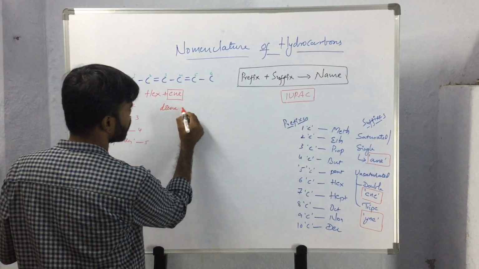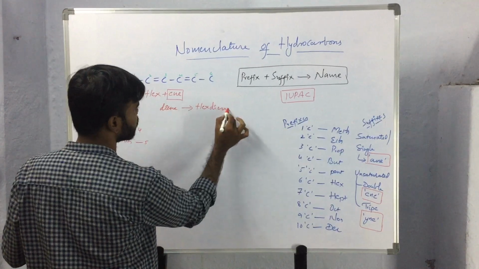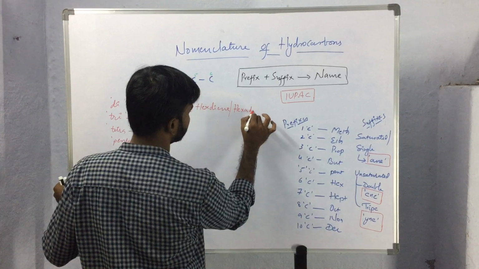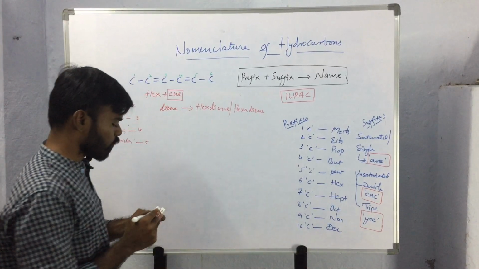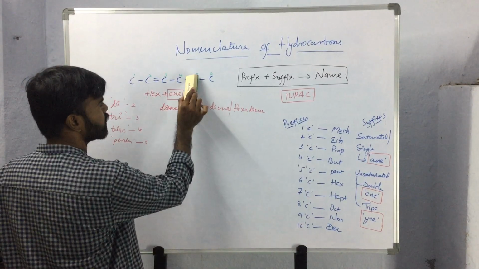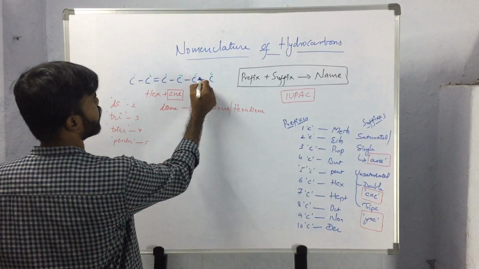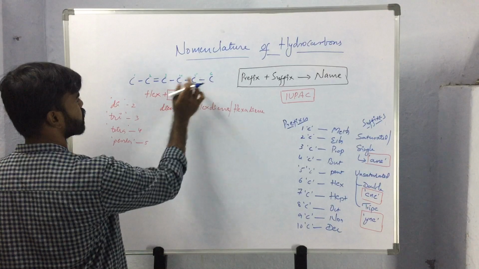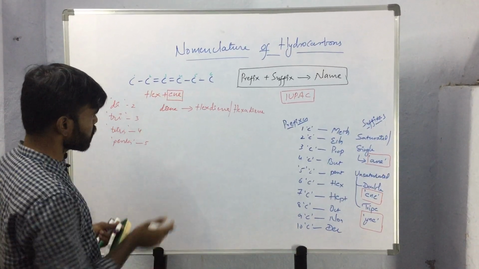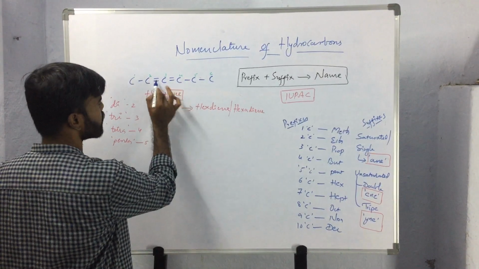So the name of the compound will be hexadiene. Now the question is, if we write simply hexadiene, and instead of here, the double bond is present here, or here, in such conditions also the name of the compound will be hexadiene only, because two unsaturations are present.